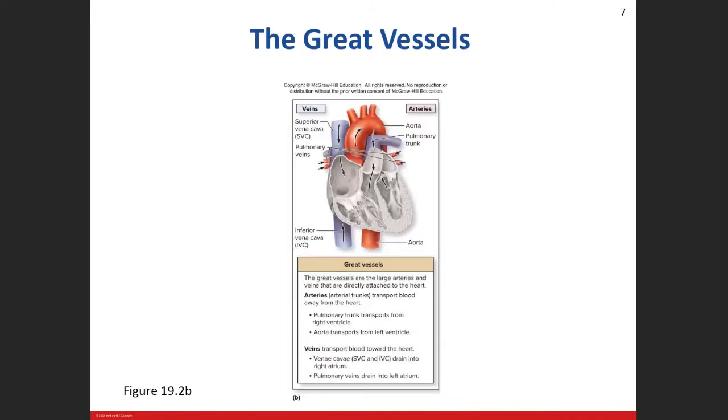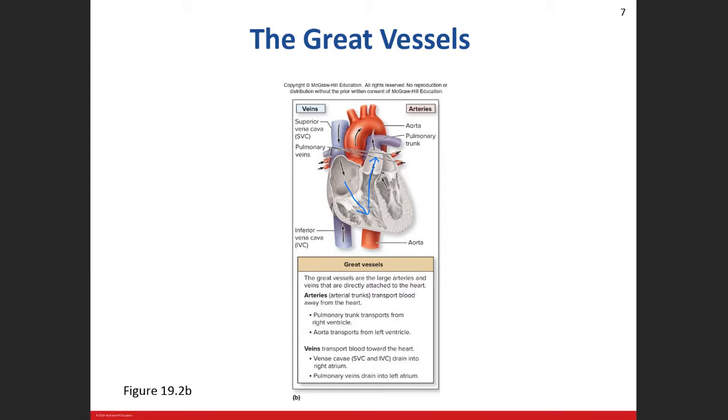All right, so let's see the great vessels here. Here you can see, here's the superior vena cava, here's the inferior vena cava. They drain into the right atrium here. And then that blood will get dumped down here into the right ventricle, and then that right ventricle will pump it out through our pulmonary trunk here into our left and right pulmonary arteries.